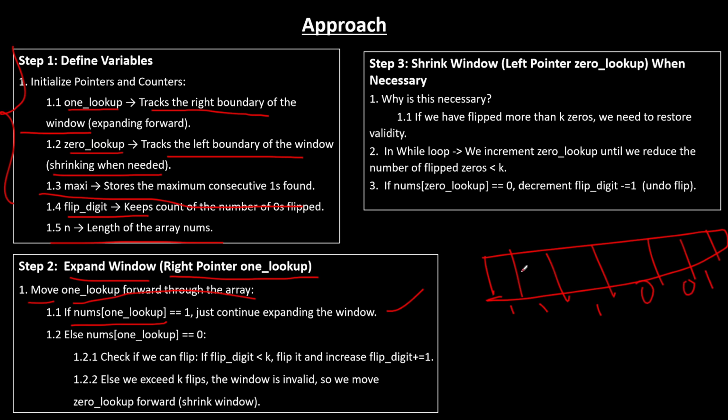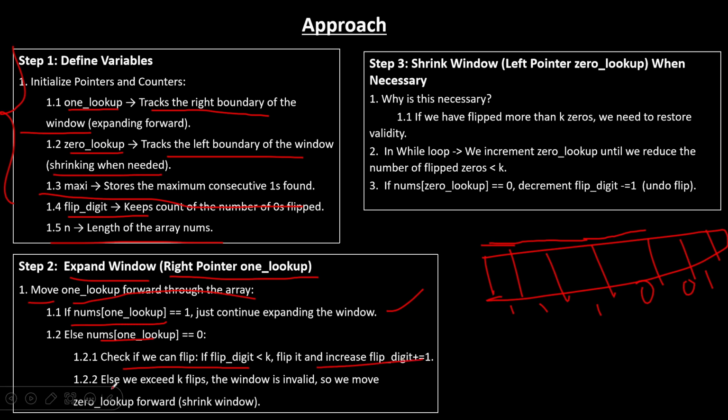If this is one, we will just increase our window. Again, if it is one, we will increase our window. As soon as we got zero, we check if we can flip it or not. Till now we haven't flipped anything, and let's assume k is one, so we can flip this. So we flipped it and we included it in our subarray.